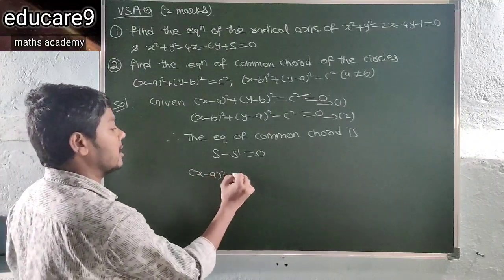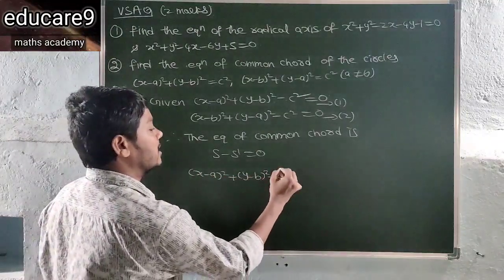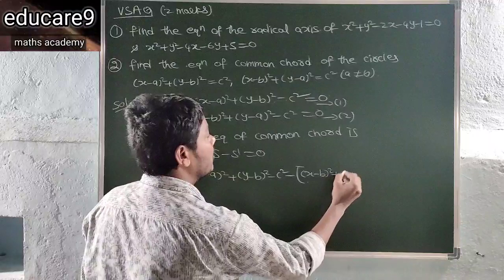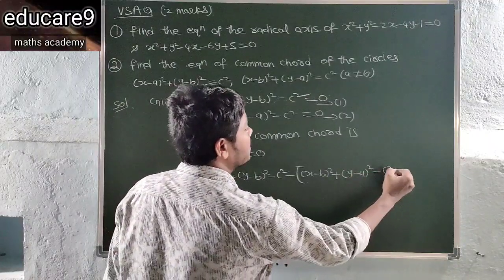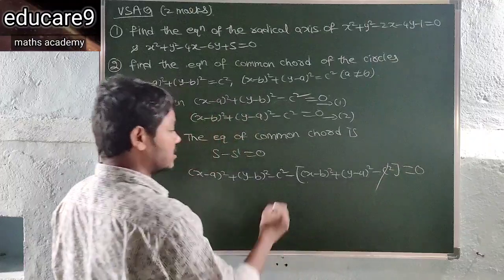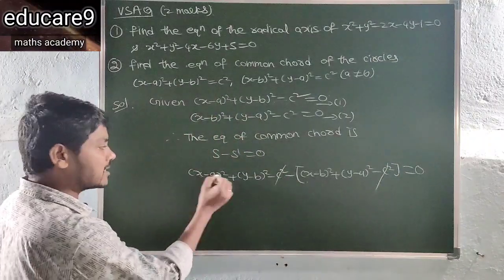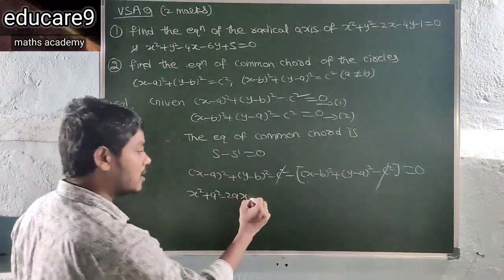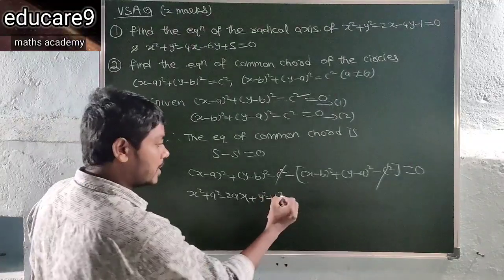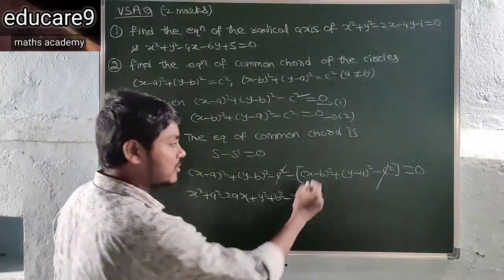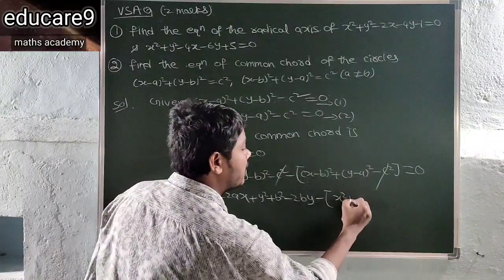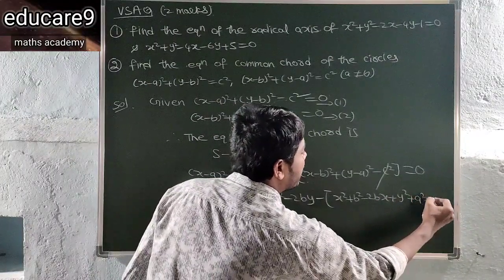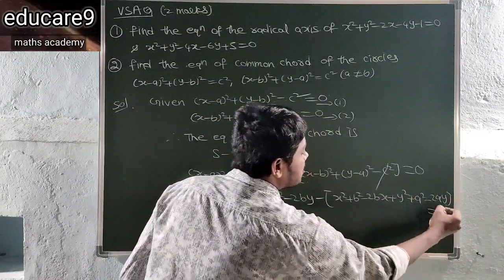So clearly, that is x minus a whole square plus y minus b whole square minus c square, minus of x minus b whole square plus y minus a whole square minus c square equals 0. So here c square gets cancelled. Now this is x minus a whole square, x square plus a square minus 2ax, and this one plus y square plus b square minus 2by, and this one minus of x square plus b square minus 2bx plus y square plus a square minus 2ay equals 0.